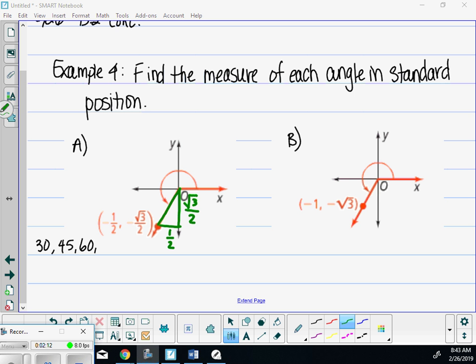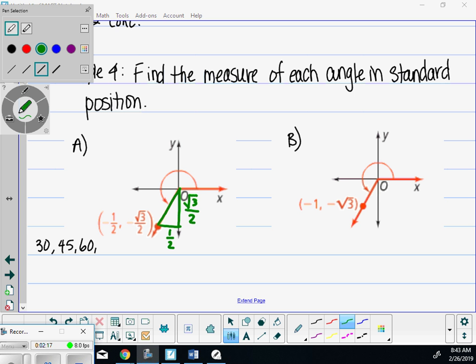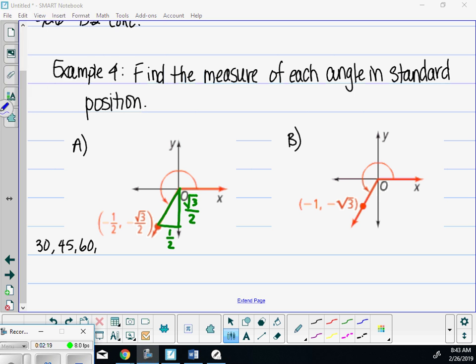So in a 30, 60, 90 triangle, the side that is across from the 30 is the shortest side, the shorter leg. And the side across from the 60 is longer. So which one is smaller, 1/2 or square root of 3 over 2?